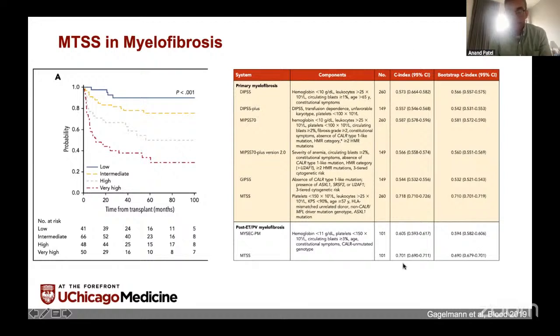And again, very effective. Getting back to this C index or C statistic that we've talked about. The closer to one, the better. And the MTSS score for patients getting a transplant was about 0.7 for secondary myelofibrosis and about 0.72 for those with primary myelofibrosis. So worked better than many of the other scores we have available to us, specifically in patients that are receiving a stem cell transplant.